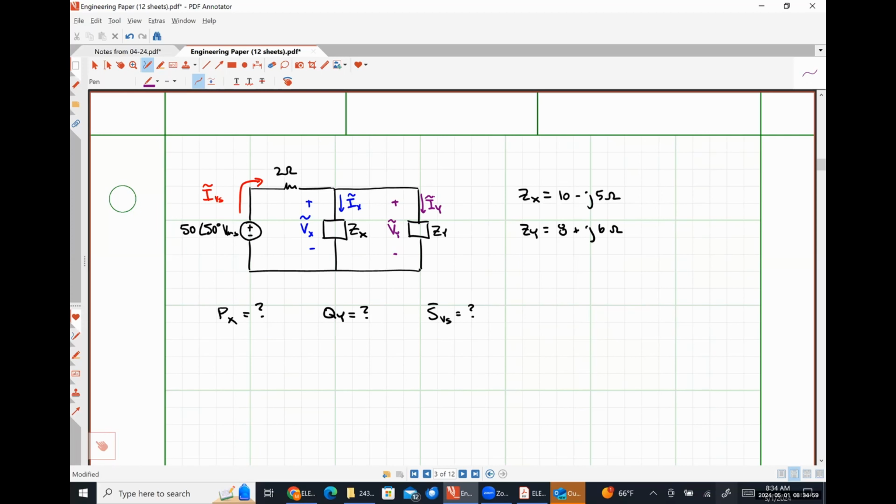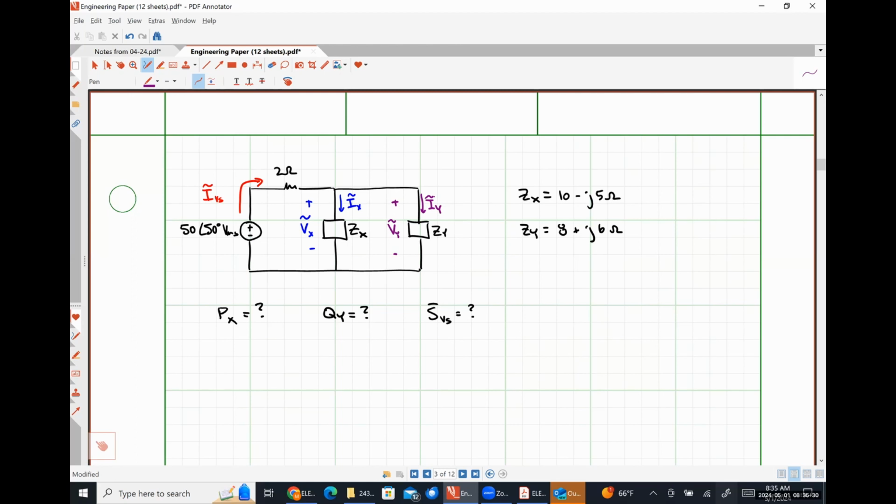So if we can solve for that voltage Vx, that's going to allow us to calculate the complex power absorbed by impedance Zx, as well as the complex power absorbed by impedance Zy. And then we can just use effectively Ohm's law. So 50 angle 50 minus Vx over 2 ohms to give us the current that's flowing through our voltage source. So that one piece of information allows us to do everything else within 1 to 2 steps.